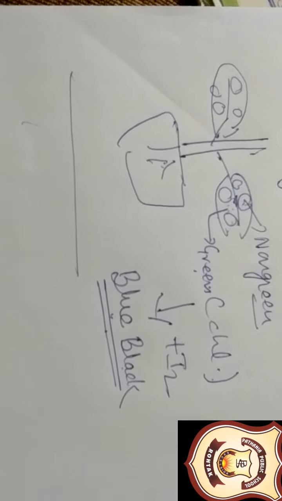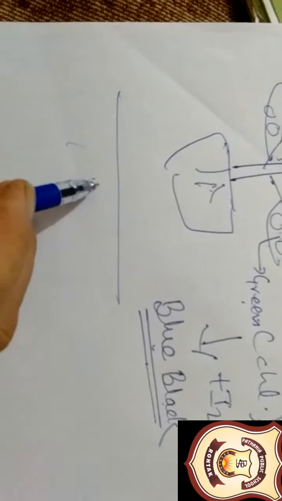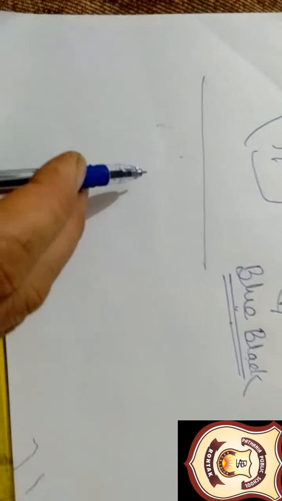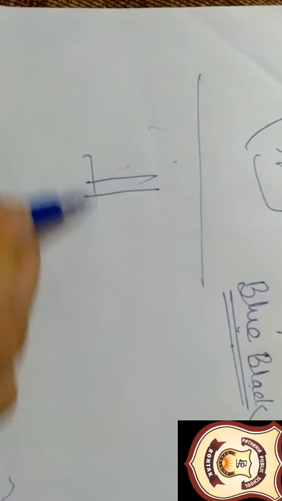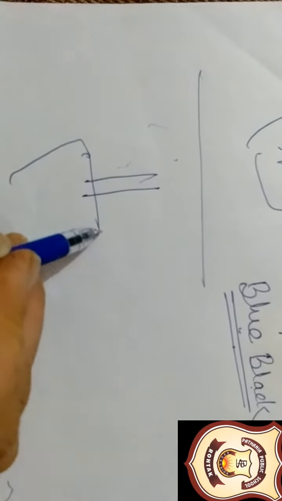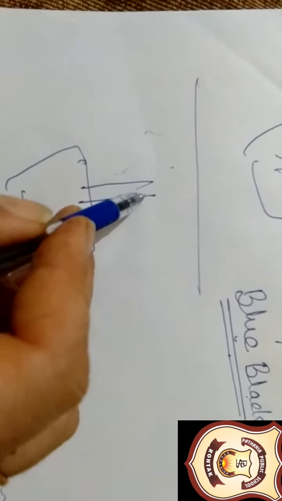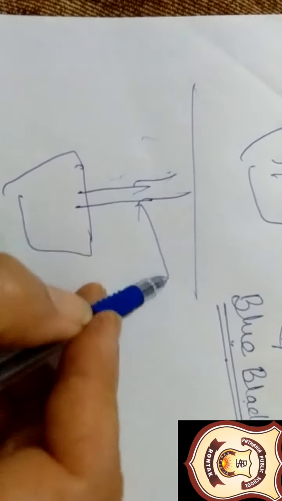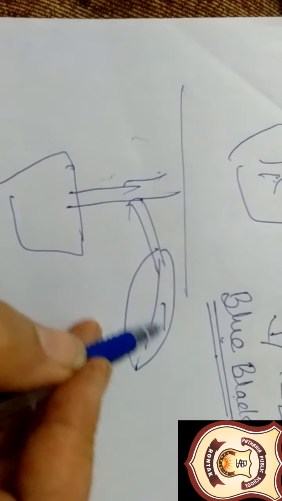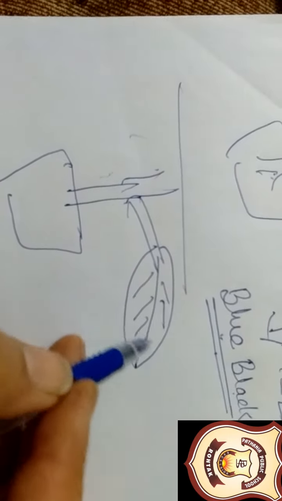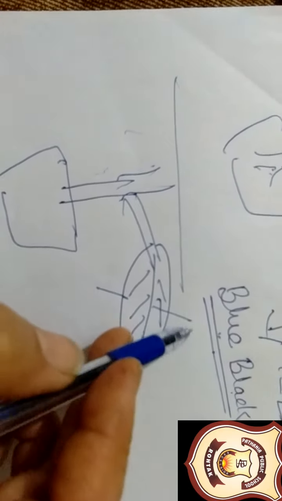Next experiment, which I have discussed with you in the previous video: again we will take a potted plant, and suppose this leaf is there, and this plant is kept in the sunlight this way.